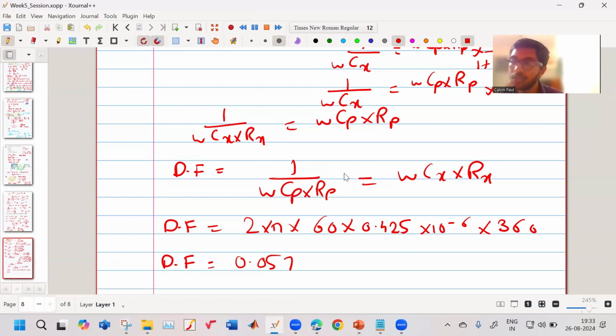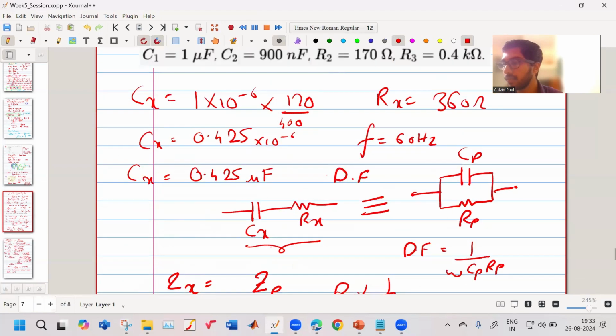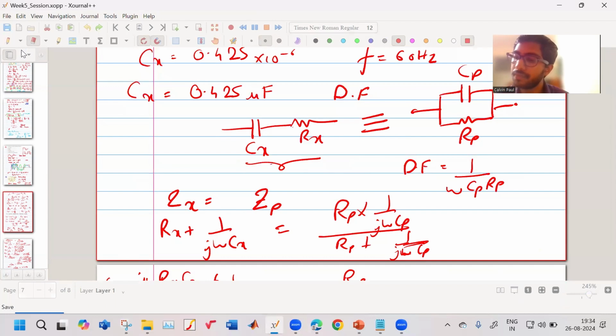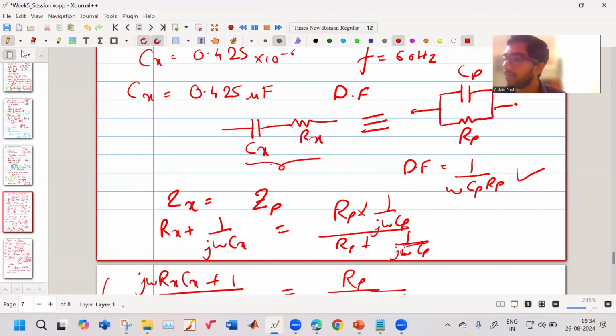So it is not required that you remember all the formulas, right? I knew one formula, that this is my dissipation factor. But then I did not find it in terms of that, so I had to convert it.